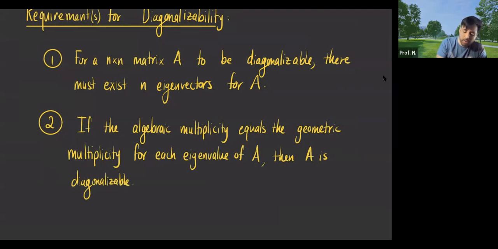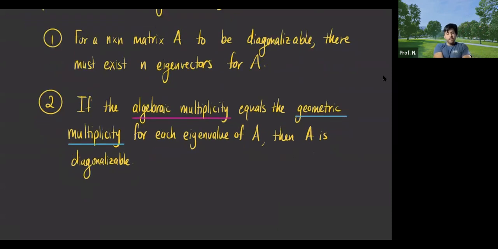So we have this term here called algebraic multiplicity, and we have the other term called geometric multiplicity. Okay, and so let me just define what that means.